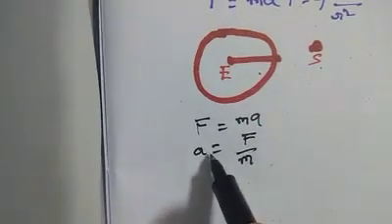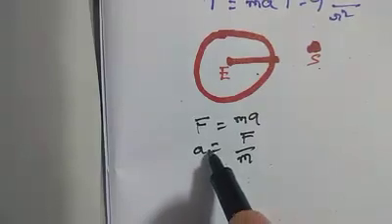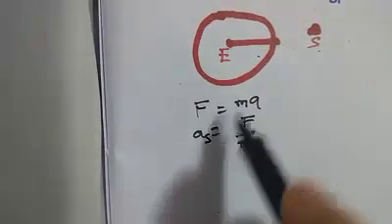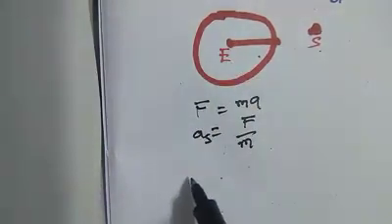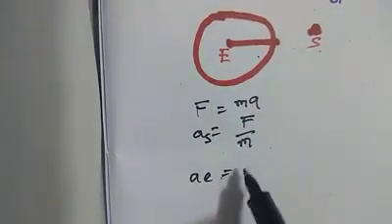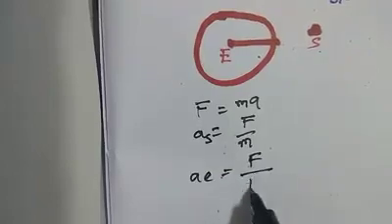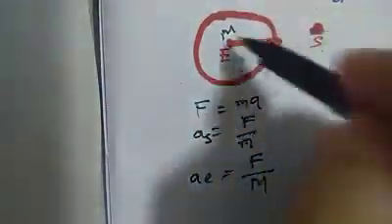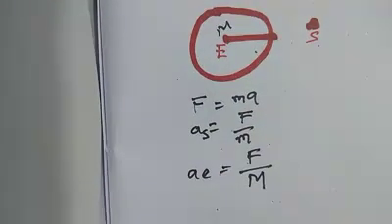So what is the acceleration of the stone? I put the subscript S, so A_S equals F divided by small m. And what is the gravitational acceleration of the Earth? I can put it as A_E equals F divided by capital M, because the mass of the Earth is far higher than that of the stone.